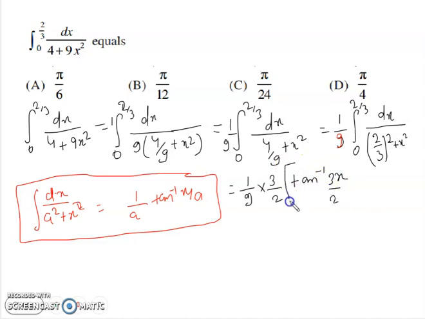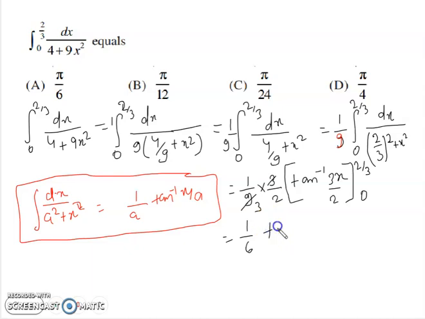And what is the limit? The limit is 0 to 2 by 3. Are you getting my points? Now we can cancel: 3 3s are 9, okay. And after cancelling we can write 1 by 6. Now I am going to put the value 2 by 3 once again, and then put the value of 0.